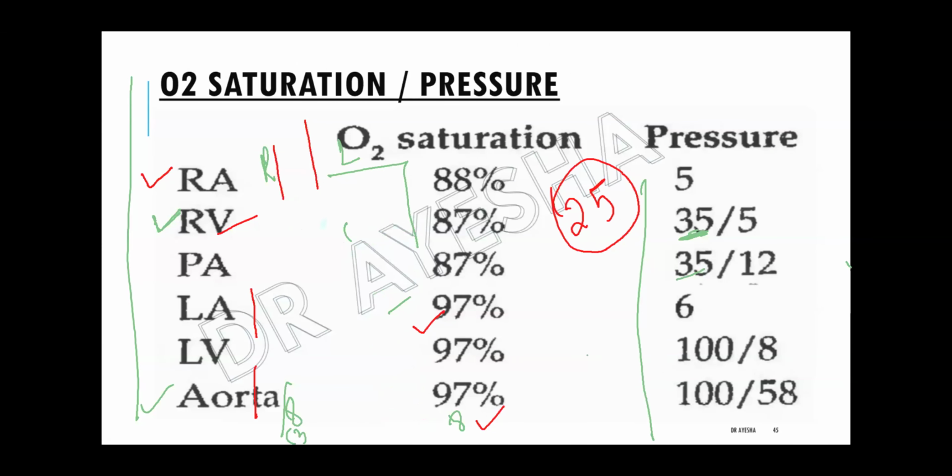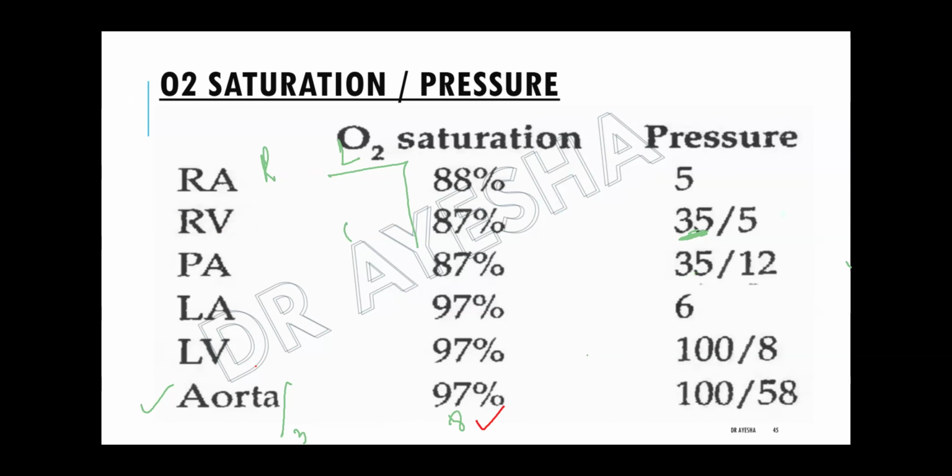So where is the problem? When we are seeing this question, we are concluding that two problems are there. What are the two problems? First we follow through it, then we detect the abnormality. Once we detect the abnormality, then we have to look at the level where the problem is, whether there is an increase in saturation, a decrease in saturation, or where the level of the problem is.